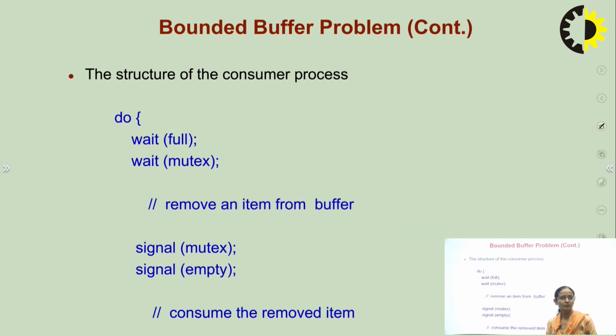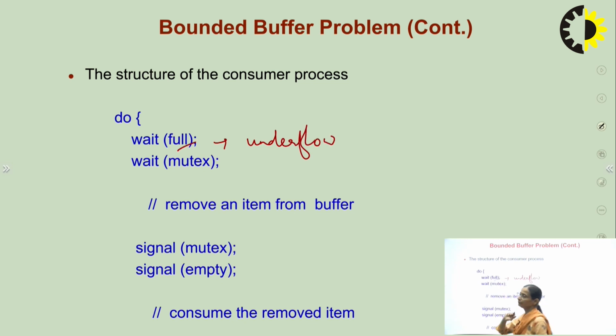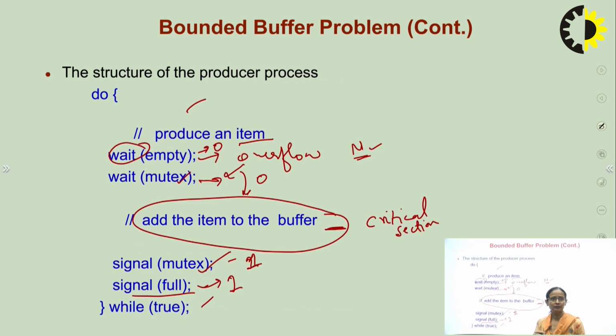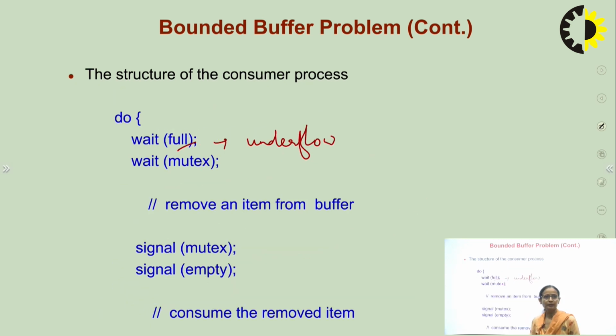Now this is the code for the consumer process. First we are doing the underflow checking in this case. And how are we checking the underflow? That is again with the help of full. Let's suppose that before going to the producer process, the context switching happens, and your CPU starts executing the consumer process.